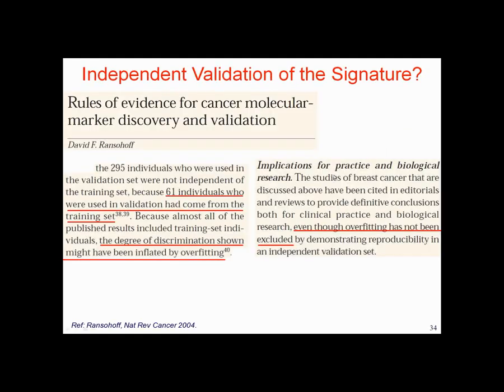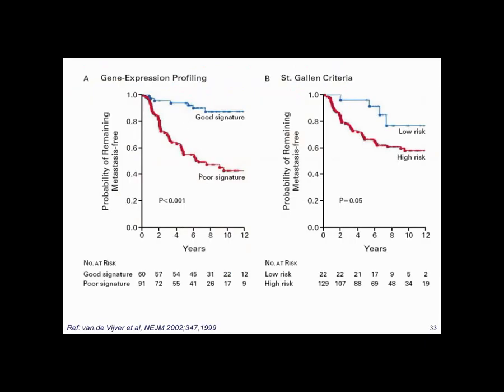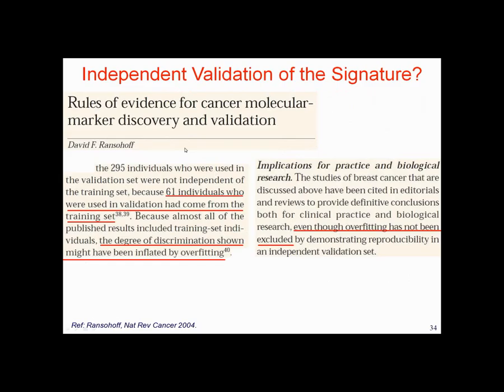So if we look at this example, this signature is well known. It is used clinically, but if you look at the process of development of the signature, you could see that the same error which I mentioned, that the independent validation was not completely independent, has been made.